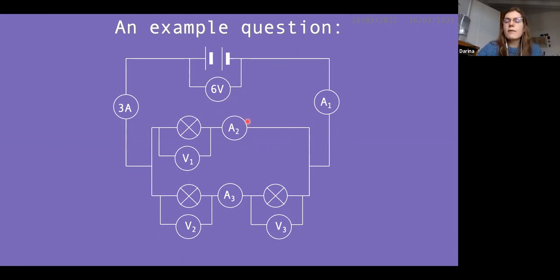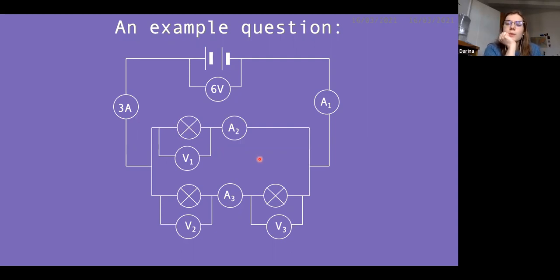Remember, the ammeter has very, very little resistance. Any second thoughts then? If these are both branches and this is just one branch, only with the light bulb on it, we don't count the ammeter.